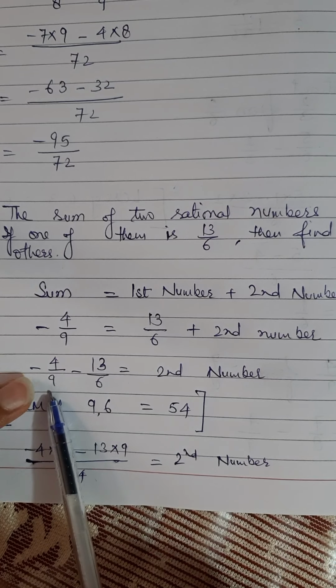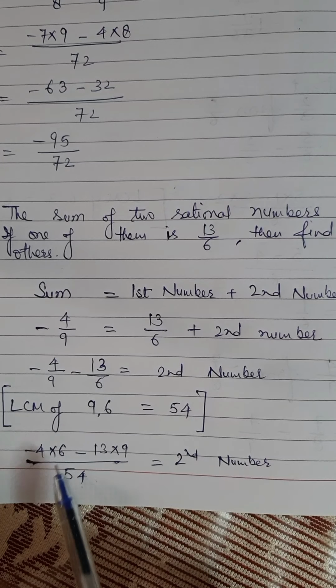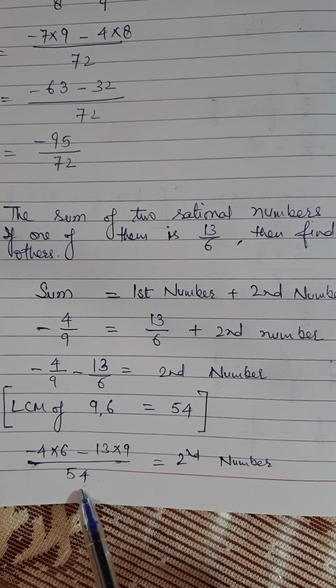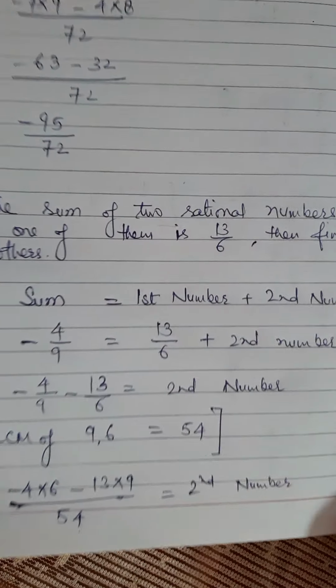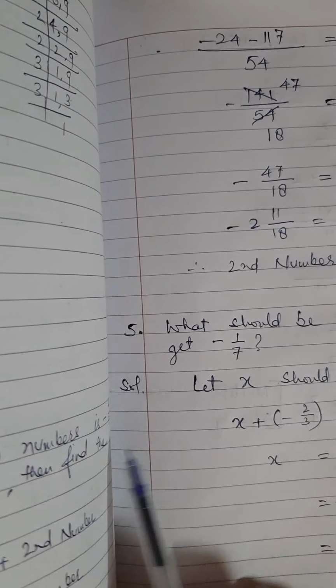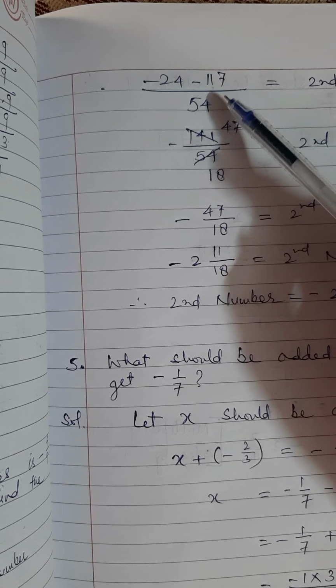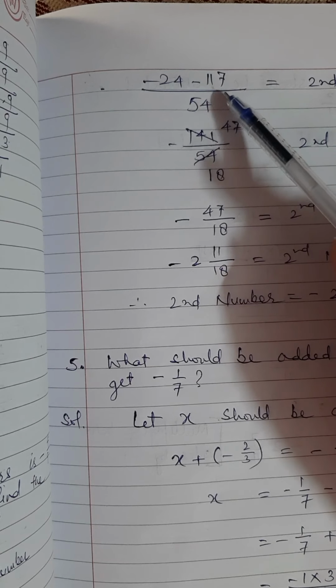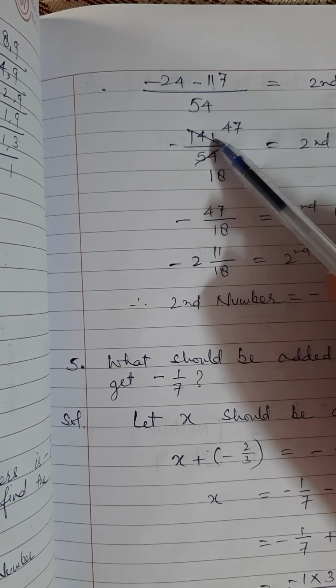Now in the table of 9, 54 comes 6 times, so we have to multiply minus 4 by 6, and in the table of 6 it comes at 9, so minus 13 multiplied by 9. Now simplify it. It becomes minus 24 minus 117 over 54. After adding we get minus 141 over 54.